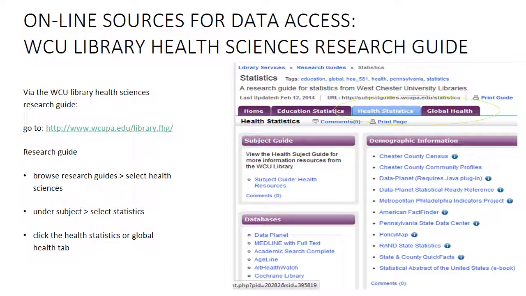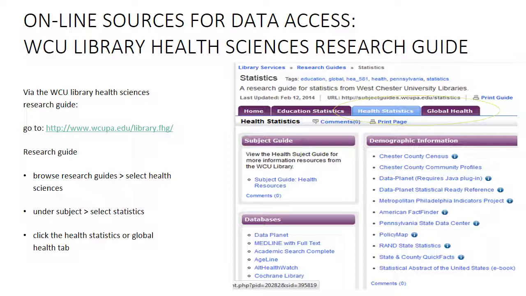So these are the online sources for data access. The first one we'll talk about is the WCU Library Research Guides. If you log on to the WCU Library website, which is wcupa.edu/library, in the first part of that homepage for the library, there's a section where you can search, and there's a couple of tabs.